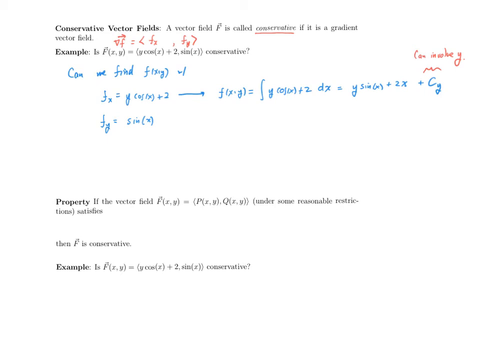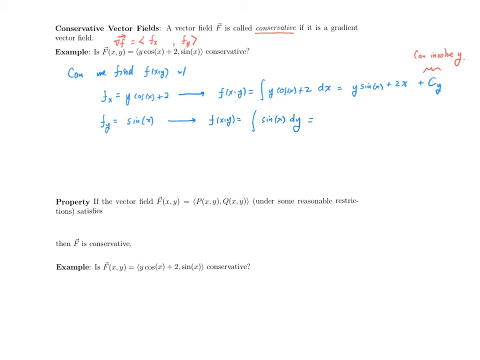And this is the reason why just working with the first partial is not going to be enough for us. We also need to consider f sub y to hopefully narrow down the choices for that constant involving y's. So we play the same game a second time. We note the partial with respect to y is sine x, so f should also be the antiderivative of sine x with respect to y.